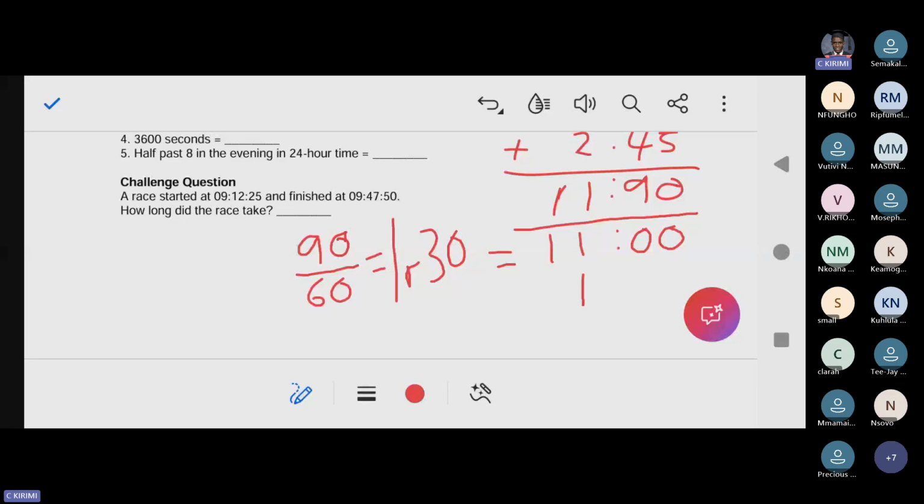So it's going to be 1 hour and 30 minutes. That remainder is your minutes, 30 minutes, so we are adding it to that. Which means this 90 minutes, we are replacing it with 1 hour, 30 minutes. So the actual time, 2 hours, 45 minutes after 9 hours, 45 minutes in the morning, we're going to end up at 12:30 in the afternoon.